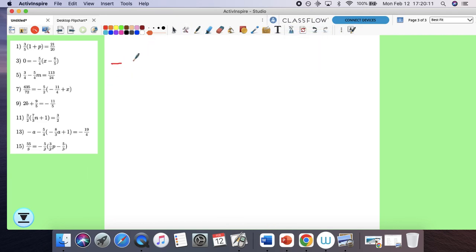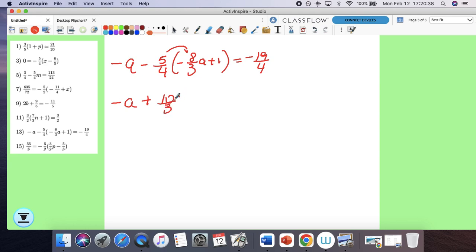Alright. Negative a minus 5 over 4 minus 8 over 3a plus 1 equals negative 19 over 4. Copy everything correctly. Right, so negative a is going to be positive. Simplify 1 and 2. 4 and 8 becomes 2. 2 times 5 is 10. 10 over 3a. Okay.